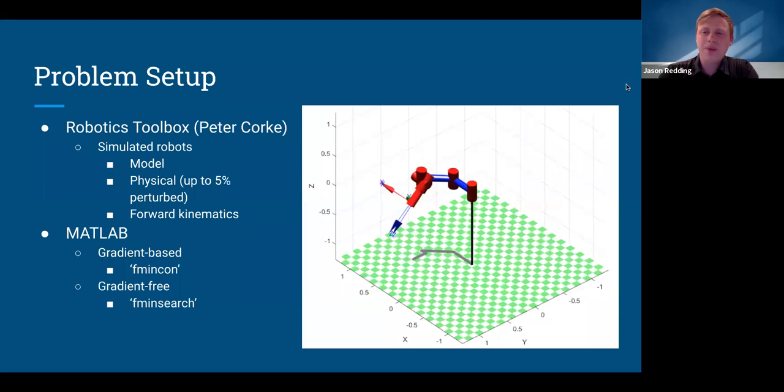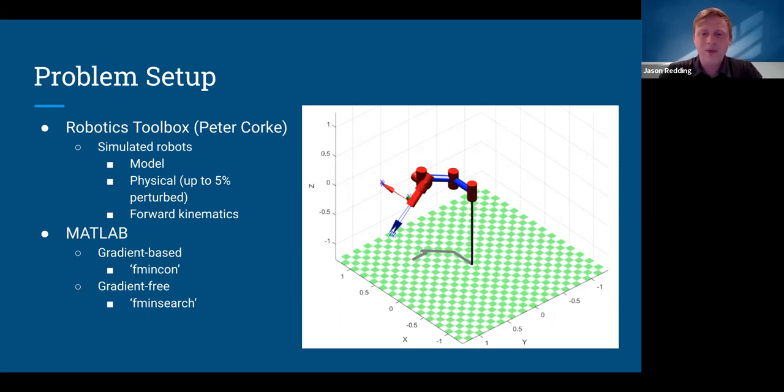The problem we decided to use the robotics toolbox to solve. This robotics toolbox is by Peter Corke and is on MATLAB. In the robotics toolbox, we can use simulated robots in order to calculate the forward kinematics necessary to calculate pose.